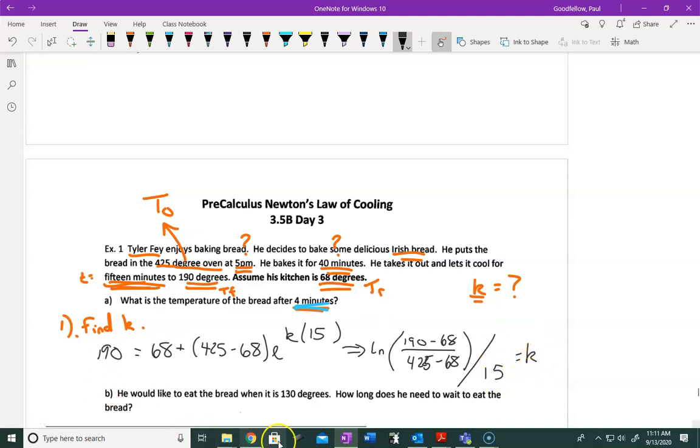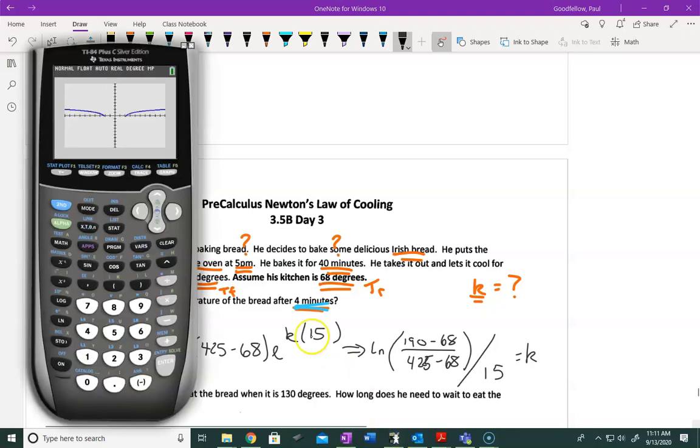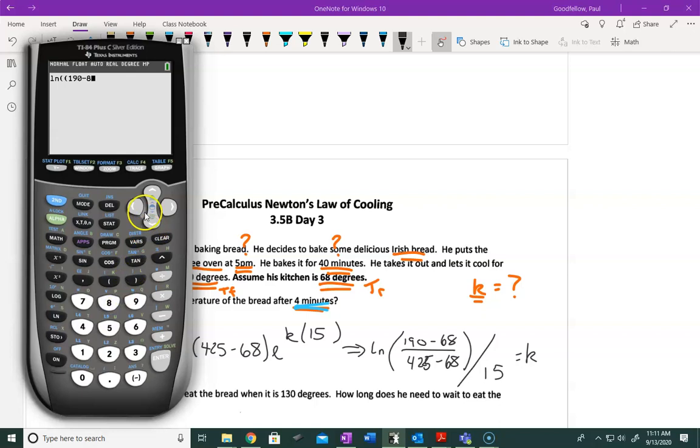Now, just like we've done in the past, getting this k value is super important, and we're going to take that concept and put it in our calculator. The ln of, and this is where parentheses could be really helpful, 190 minus 68, and then I'm going to take that answer and divide by another set of 425 minus 68 as well.